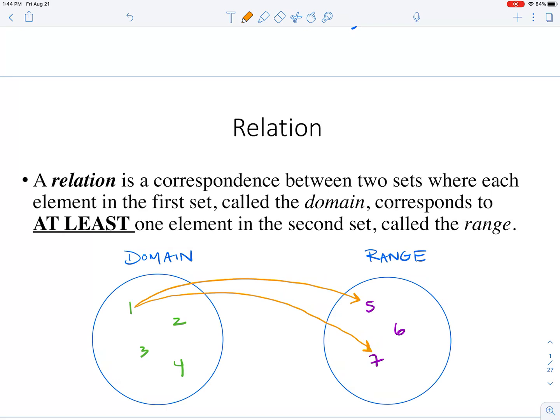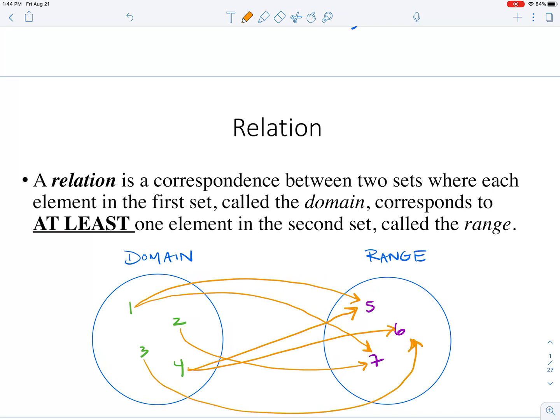Okay, so our input of 1 ends up mapping to the number 5 as well as the number 7. And then let's say the number 2 belonging to the domain ends up mapping to 7 as well. And how about number 4 from the domain maps to number 6 as well as number 5. And then let's say the number 3 maps to the number 6.